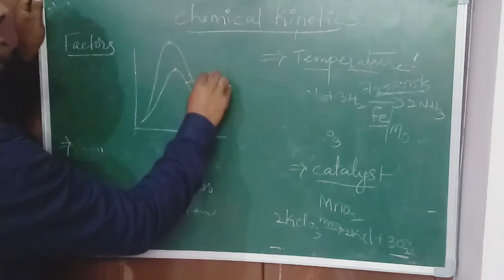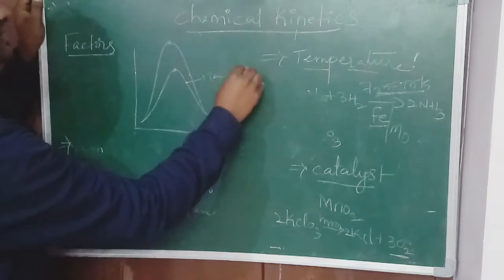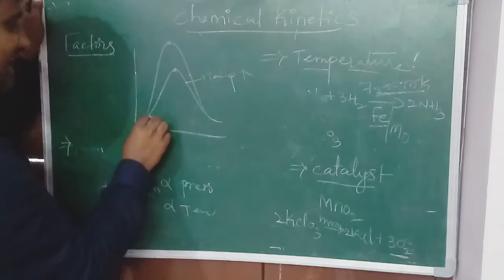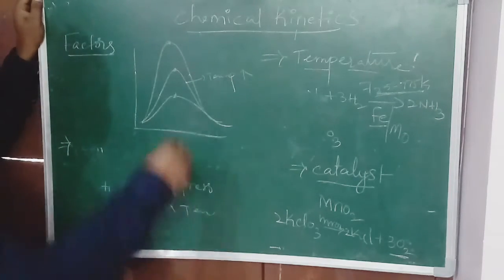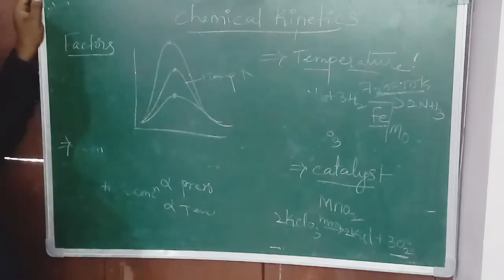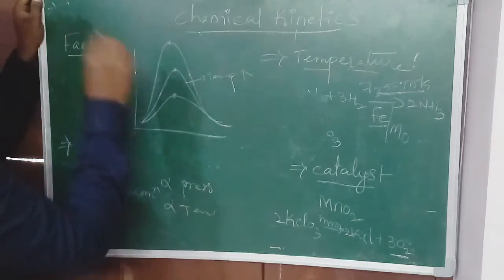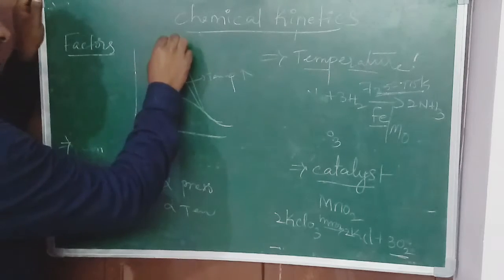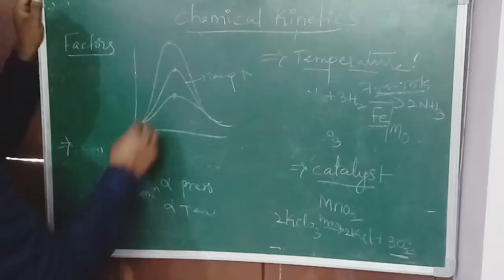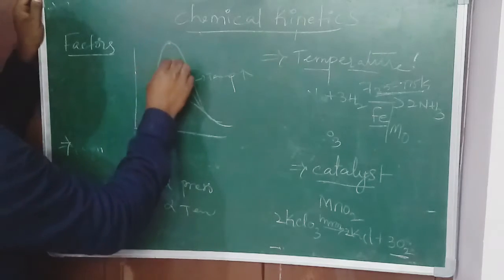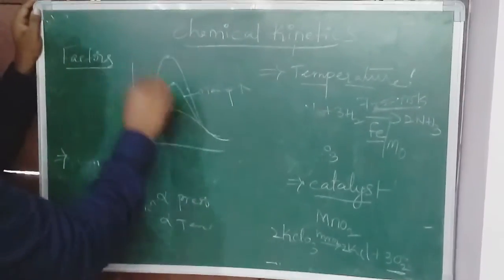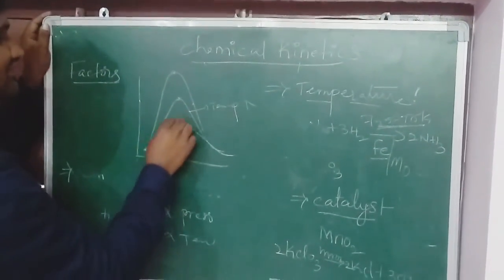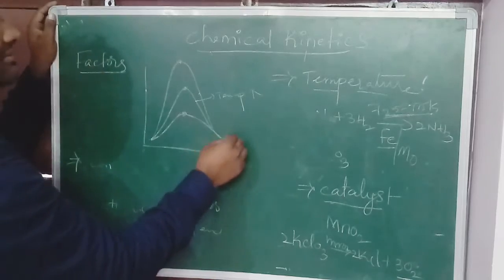If the catalyst is added, the activated complex forms easily, here. So when there is no temperature increase, the activated complex will be formed very slowly. When increasing the temperature, it forms sooner. And when the catalyst is used, the activated complex forms very soon.